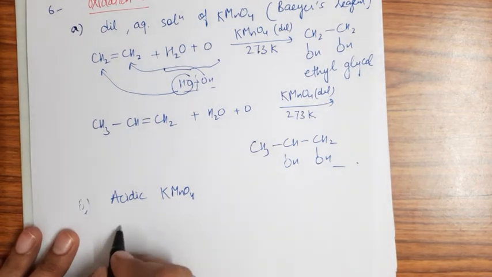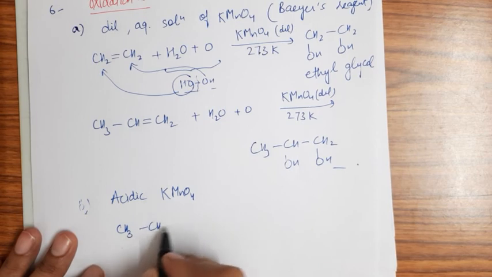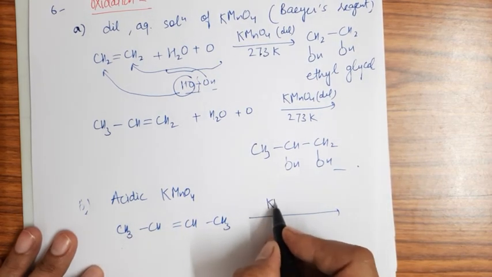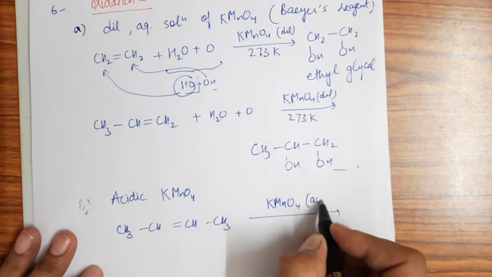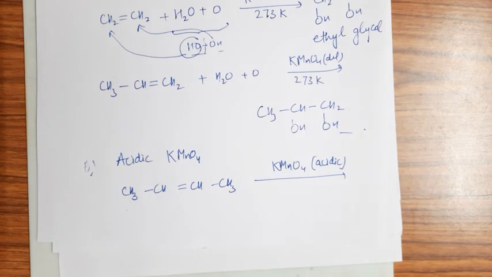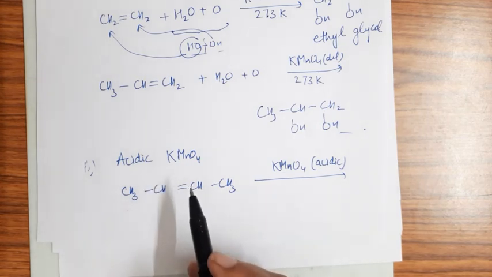So if I am taking the case of CH3-CH=CH-CH3, in this type of KMnO4, acidic KMnO4, you have to remember that every carbon gets converted to C=O group and H gets converted to OH group.